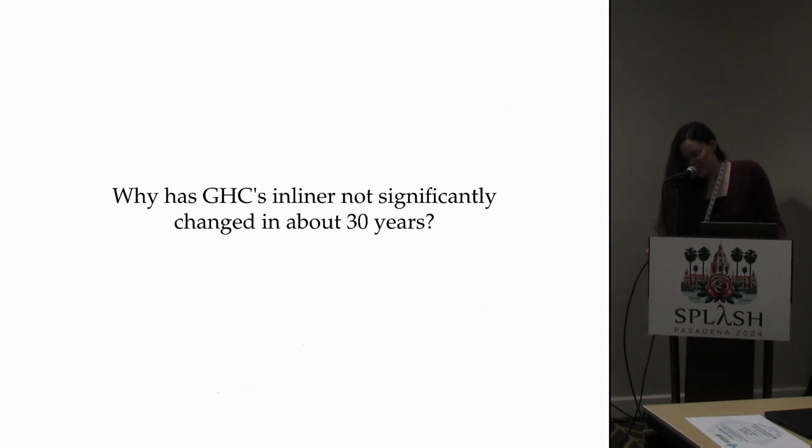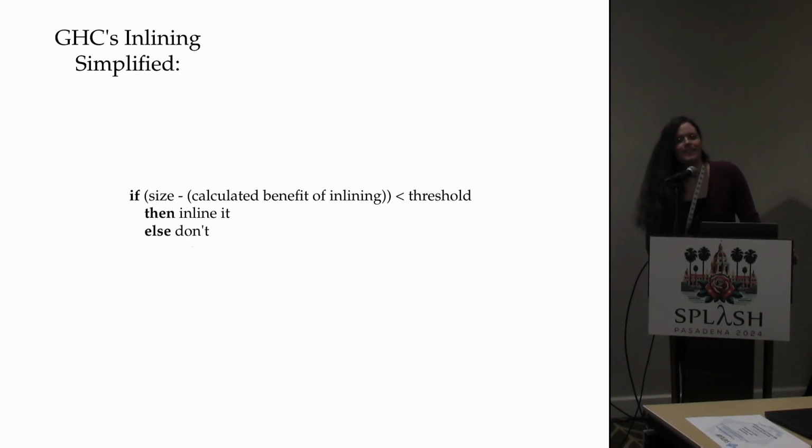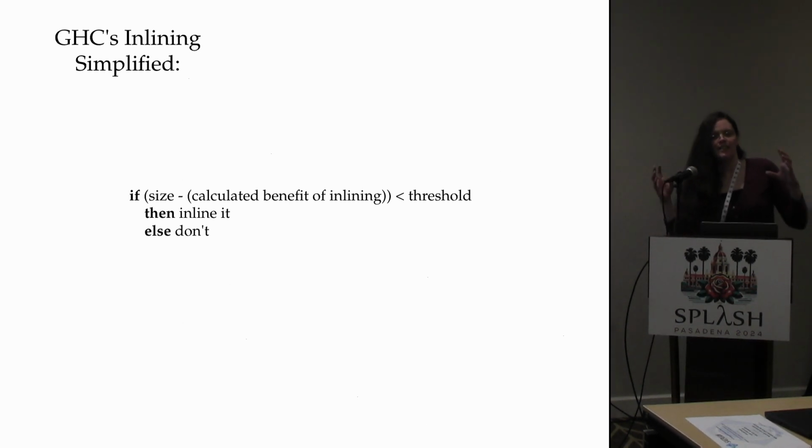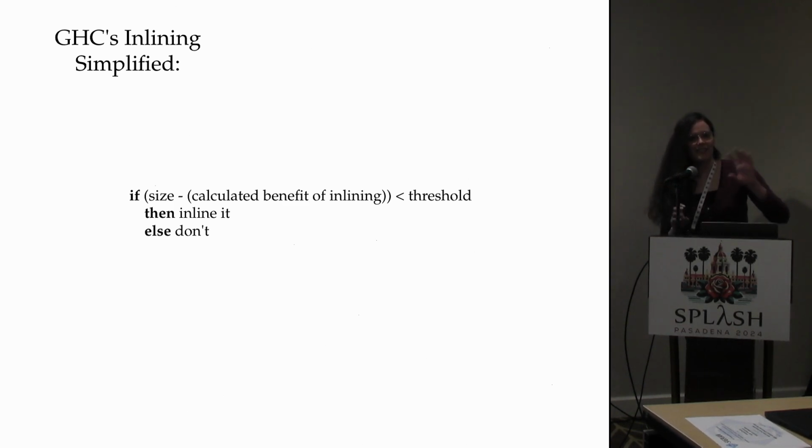So if inlining is such an important optimization in Haskell, why is it that GHC's inliner has not significantly changed in about 30 years? Part of this, I think, is that it's very complicated. But on a high level, what the inliner is doing is it's going to calculate the size of the thing that it's considering inlining, the expression, and then it's going to calculate some benefit of inlining it.